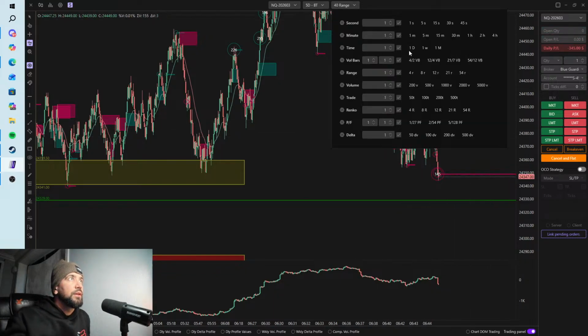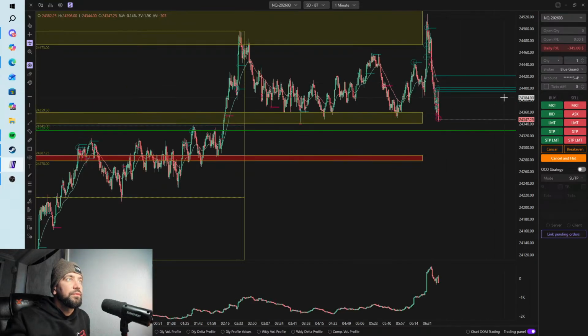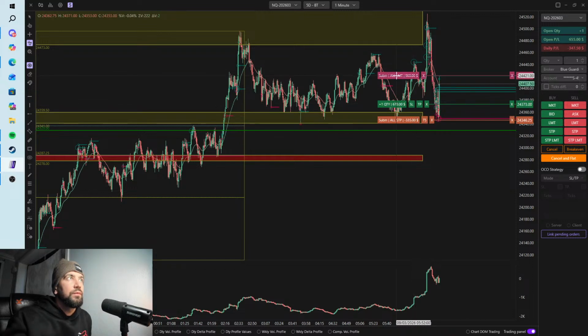Let's go to the 1 minute chart. So you're getting lots of selling, lots of buying. Then move to break even at this point.